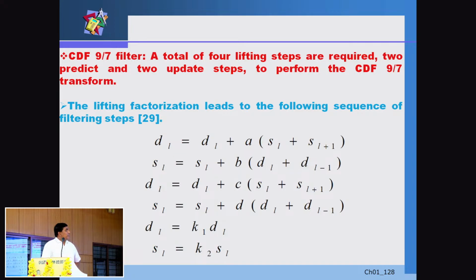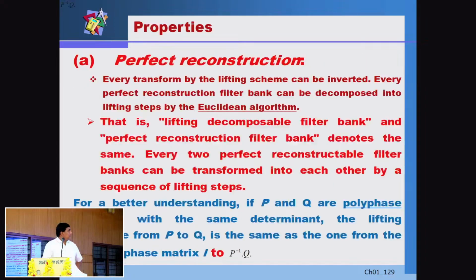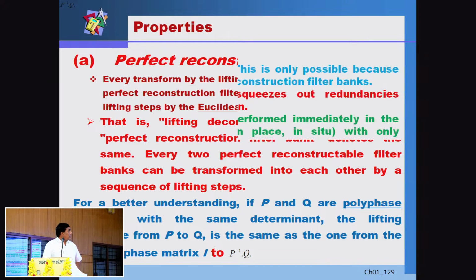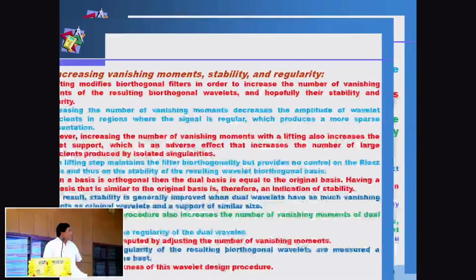This is the Cohen-Daubechies-Feauveau CDF 9/7 wavelet. This lifting factorization leads to the following sequence of filtering steps. This is with respect to CDF. It has some beautiful advantages: perfect reconstruction, it speeds up, and it has non-linearities.